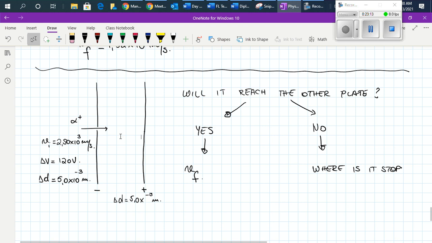So the gravitational field is the opposite direction of the motion of the object moving. And in this situation, you will see if it stops. And if it stops, where will it stop?